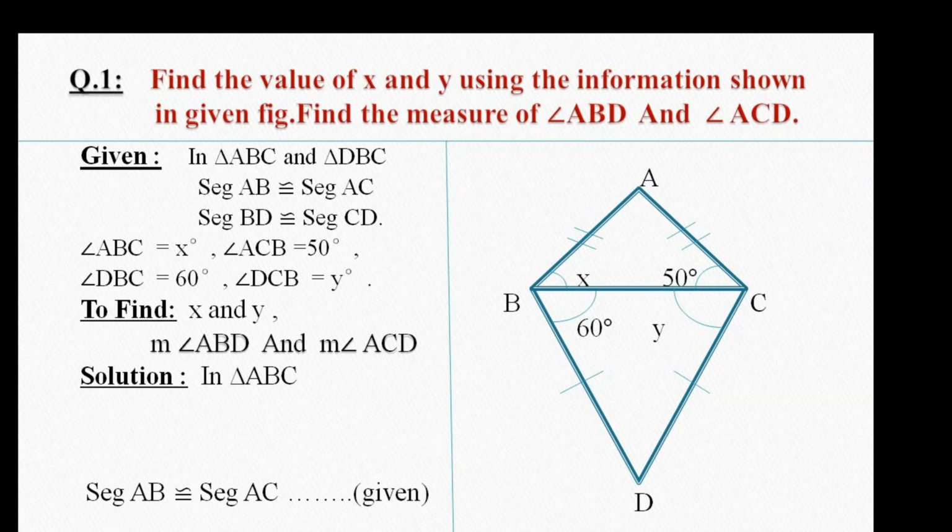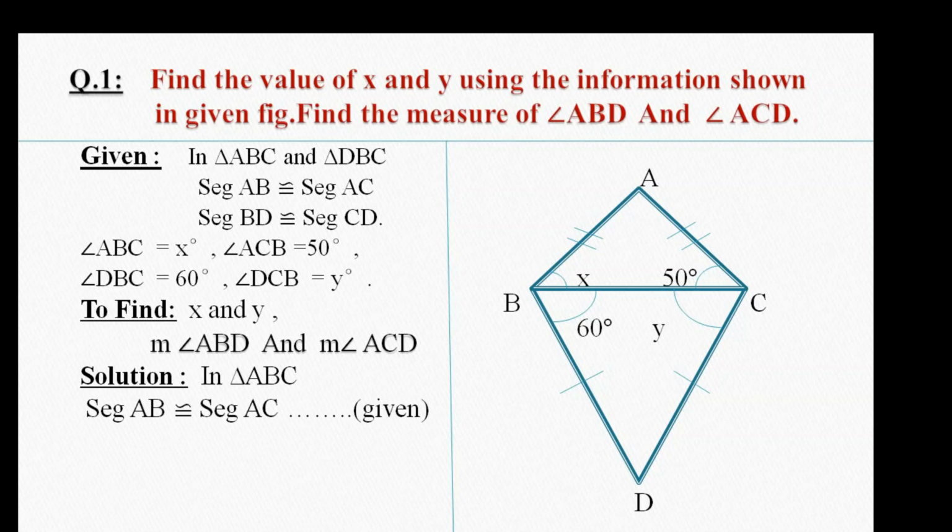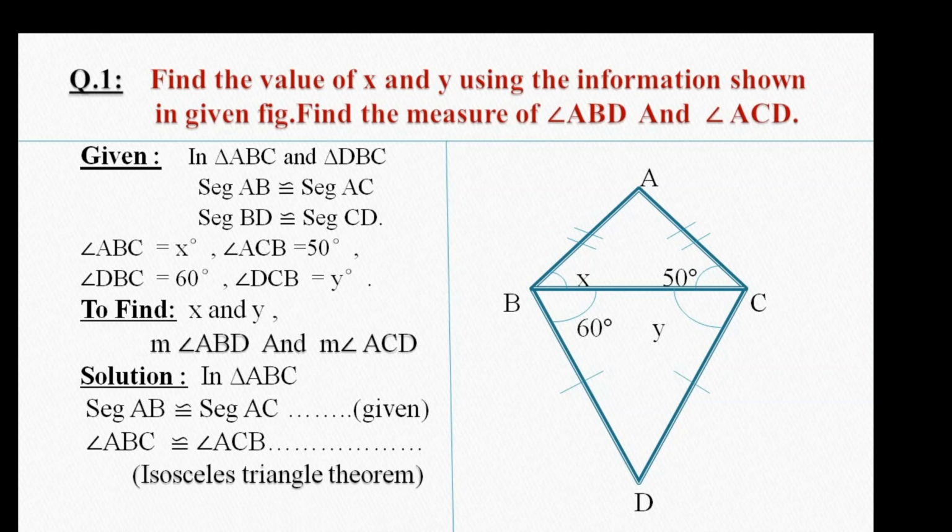Solution: let's take the first triangle ABC in which AB and AC are congruent to each other, that is given to us. And we know that if the sides are congruent, then by the isosceles triangle theorem the opposite angles also become congruent to each other. So angle ABC and ACB are also congruent by the isosceles triangle theorem.